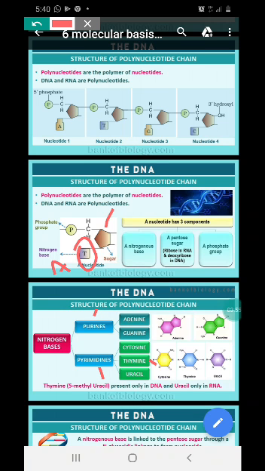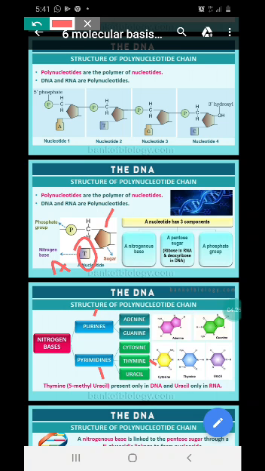Same way, if in this place it is adenine, the nitrogenous base, when it combines with the sugar, it forms a nucleoside. Clear? And what do you call it now? Deoxyadenosine. Clear? Same way, each and every nitrogenous base combines with a sugar molecule to form its respective nucleoside.